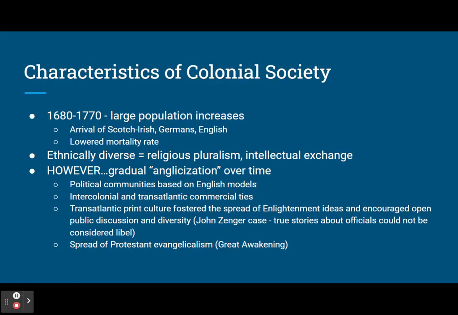Just because they happen to be a royal official doesn't make it untrue, doesn't make it libel." And he won. The jury voted with him, and ultimately, this is a demonstration that true stories about officials should not be considered libel. So we're going to start to see this early print culture and the first kind of tolling of freedom of the press that will emerge later in the American Republic.